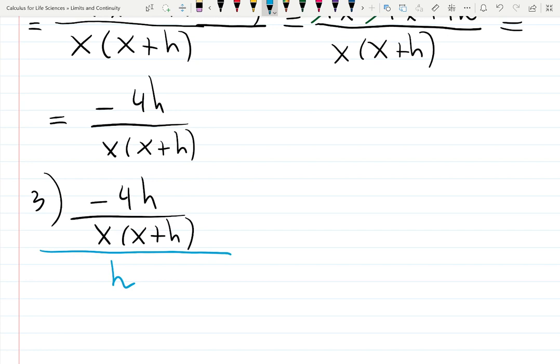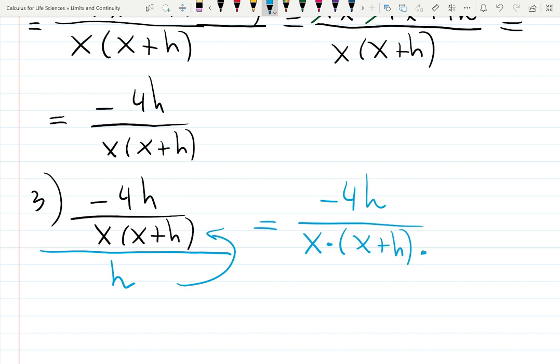But just like I mentioned to you last time, oh, actually, yeah, I can see. Interesting. I forgot to divide by h. Last time I mentioned to you, dividing means you get this h and put it here. So the answer will be minus 4h over x times x plus h times h.